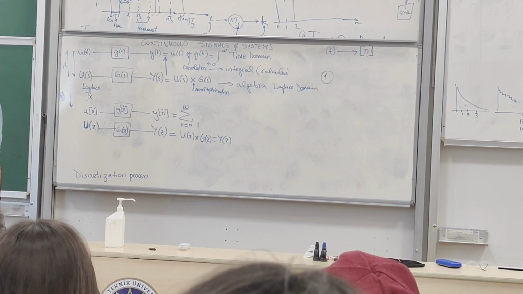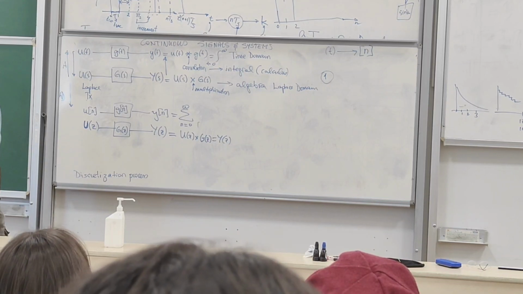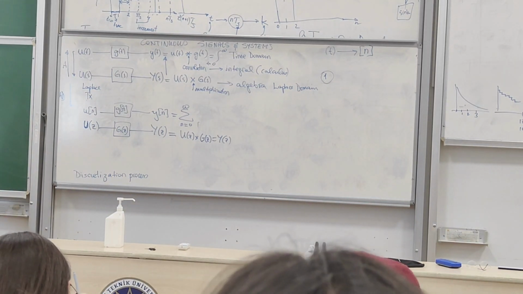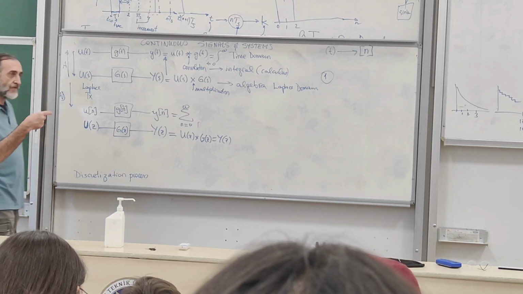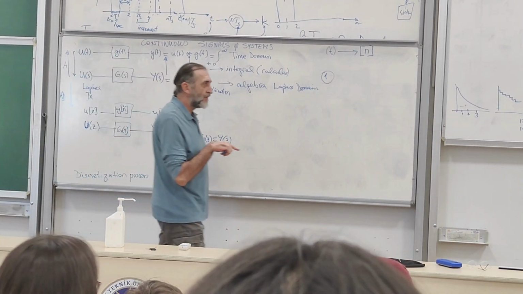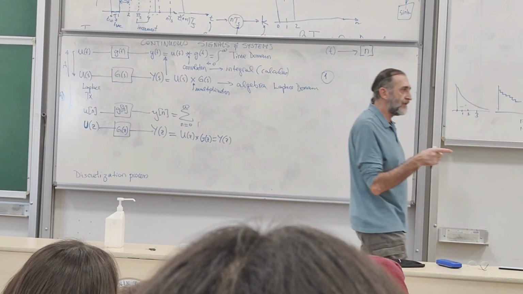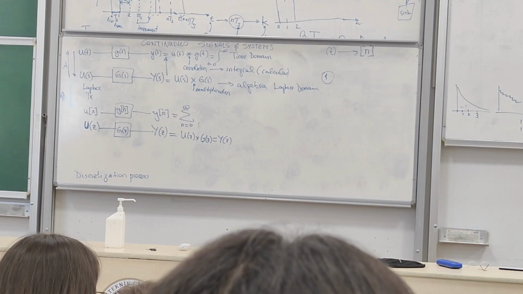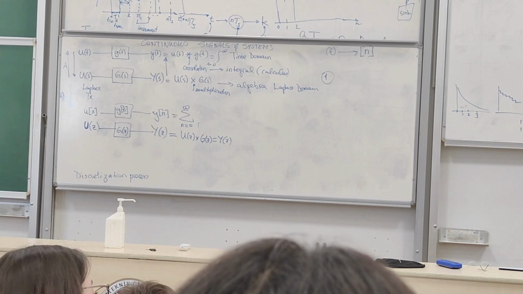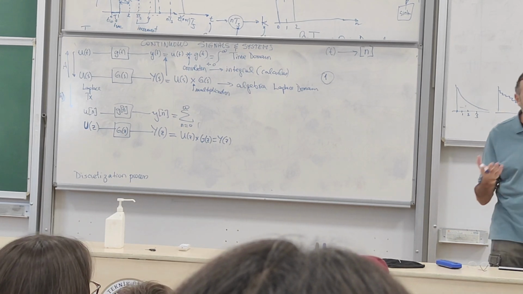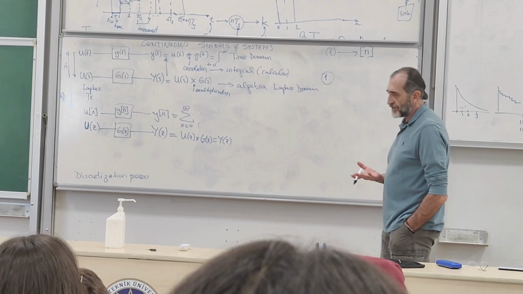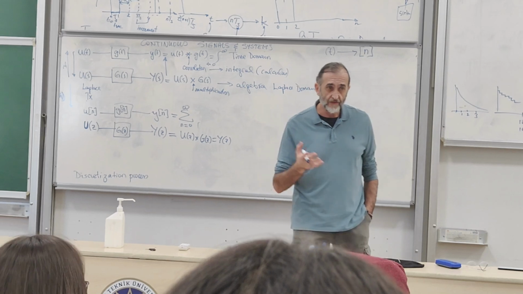So what we're going to do today is look into the convolution operation first, and then go into the discrete functions. Last week, we learned how to represent continuous-time systems in six different forms: the differential equation, the governing equation, the block diagram, and so on.